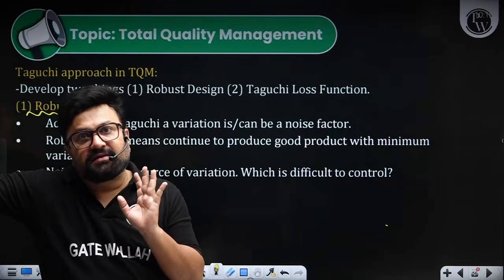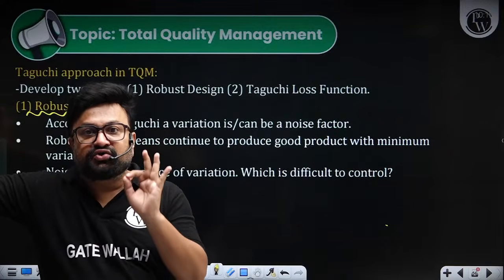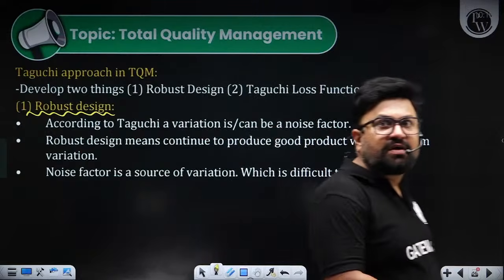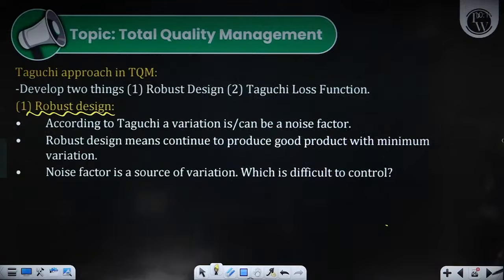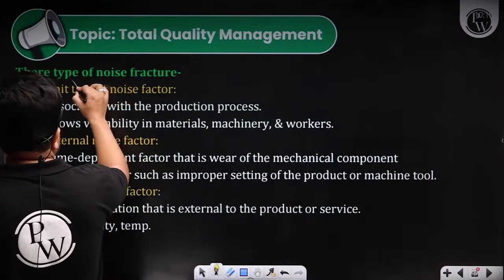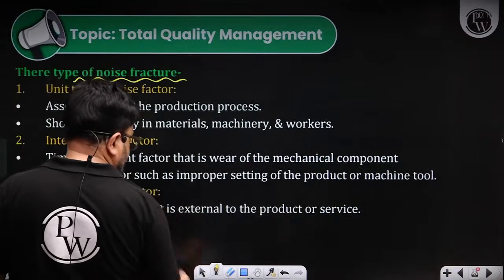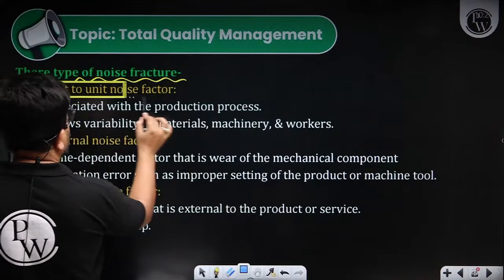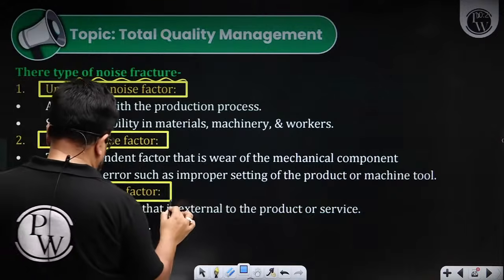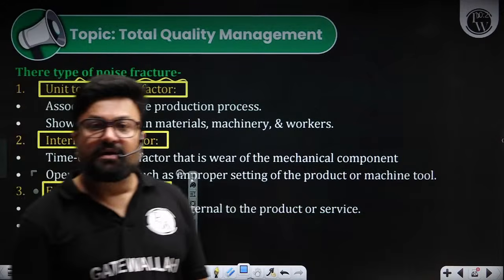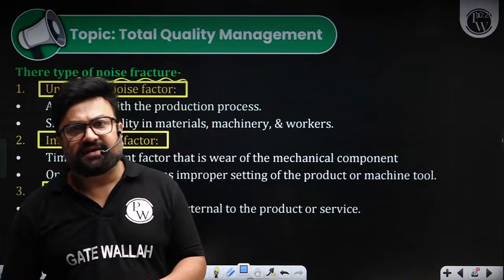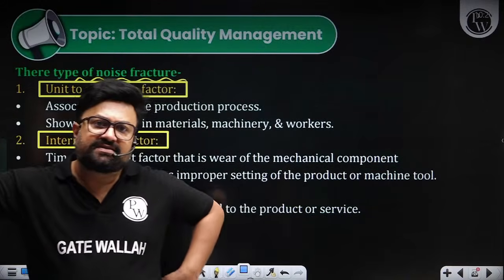A noise factor is a source of variation which is difficult to control. The types of noise factor are unit to unit noise factor, internal noise factor, and external noise factor. Three types of noise factors are there.